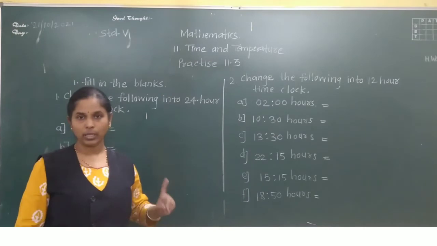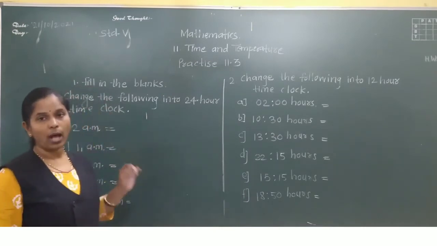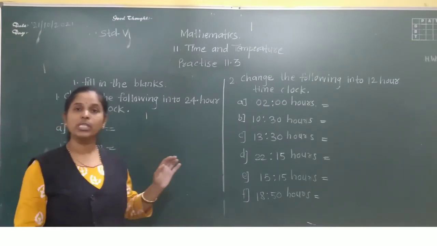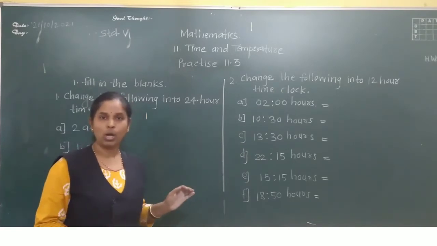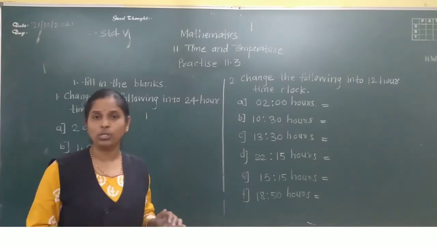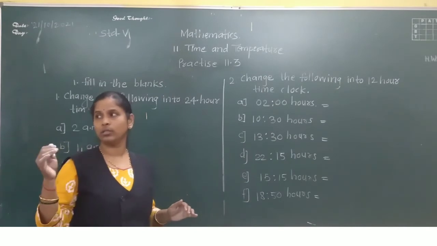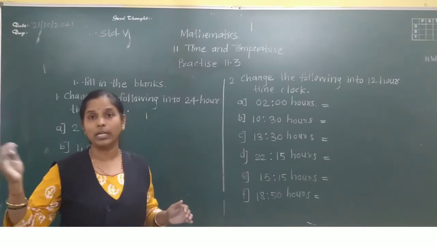Students, one more thing to keep in mind. In the 24-hour clock, we don't have to use AM or PM, because the number itself shows which period of the day is going on.